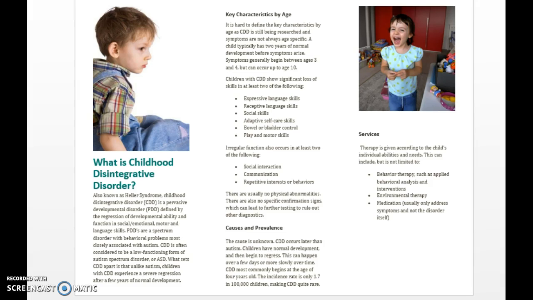Children with CDD develop normally for a couple of years and then they severely regress. And this can happen suddenly within just a few days, or it can be spread out more over time. It can even be so severe that children are actually aware of the changes and they might ask what is happening to them. Usually there are no prior abnormalities.